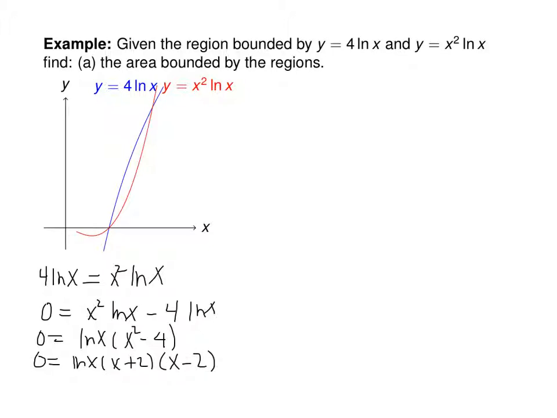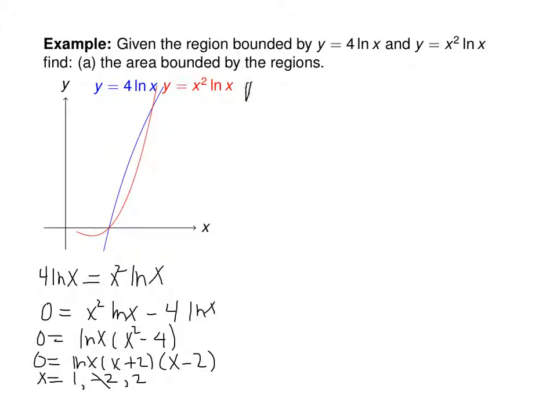And from that we get 3 values for x. First we get x equals 1, because ln of 1 is 0, then negative 2, and then 2. Now, negative 2 is technically off the table because negative numbers are not in the domain of the natural log, so negative 2 doesn't count. So our intersection points are 1 and 2.